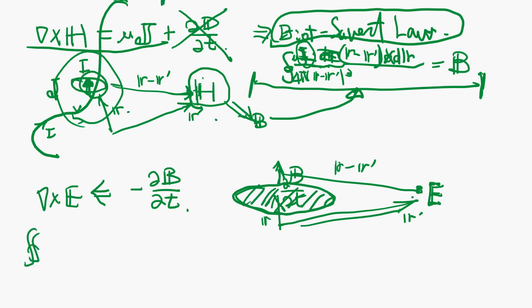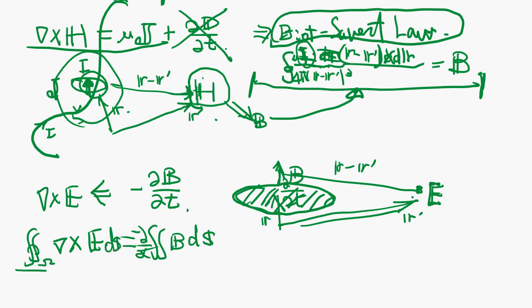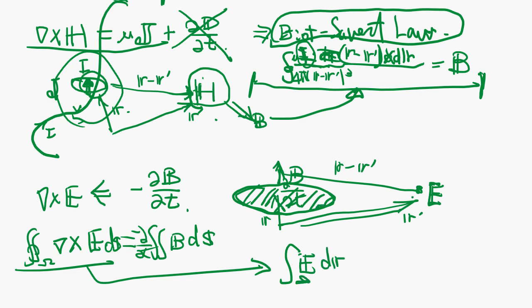Then minus dB/dt ds, and this one, by Stokes theorem, becomes E along this line, dr, a line integral.